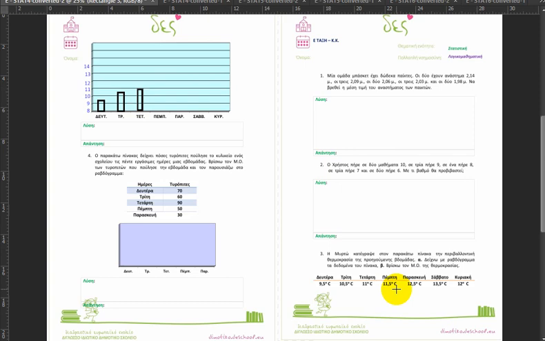And then Thursday goes to 11.5, so 11.5. Right here. 12, Friday is 12.5, so 12.5. Right here, halfway between 12 and 13.